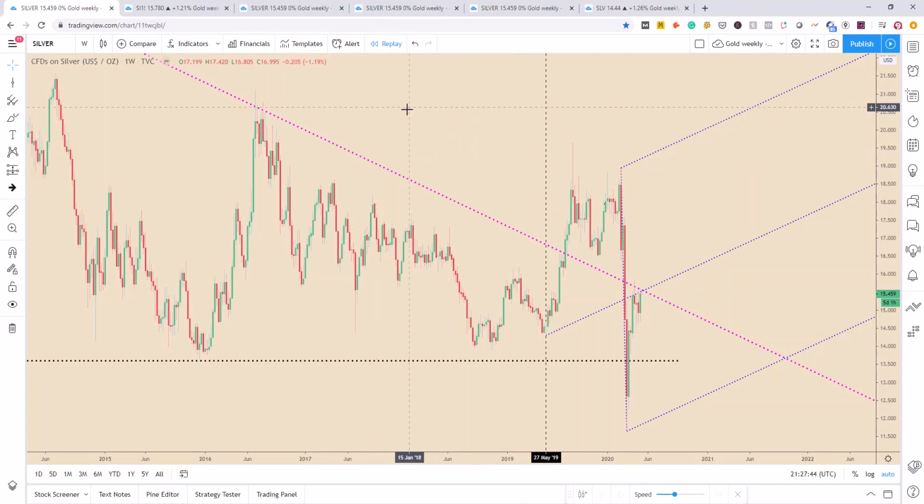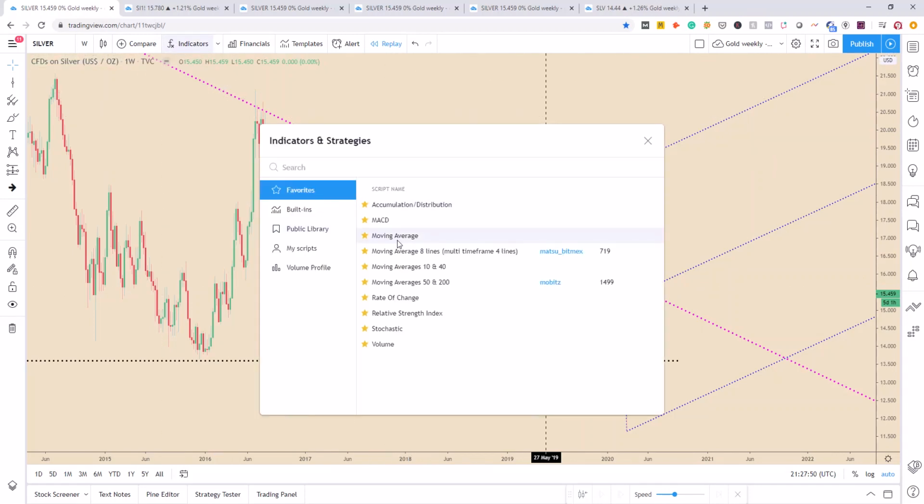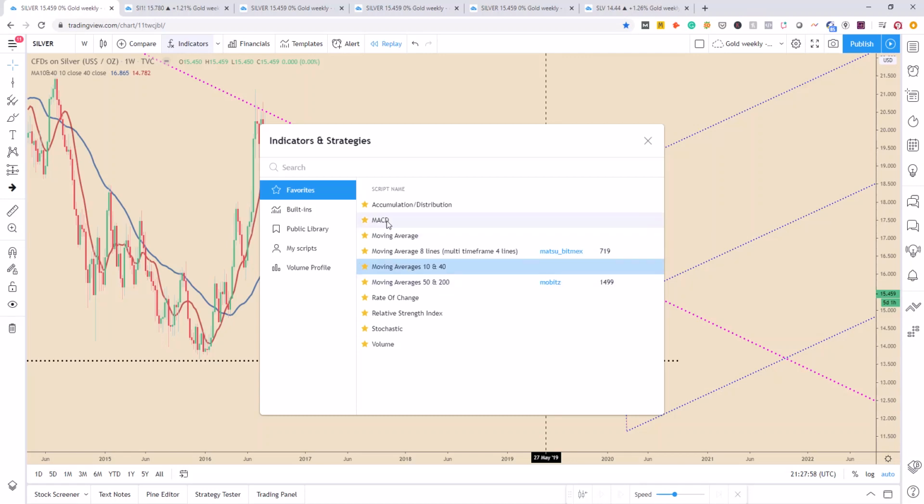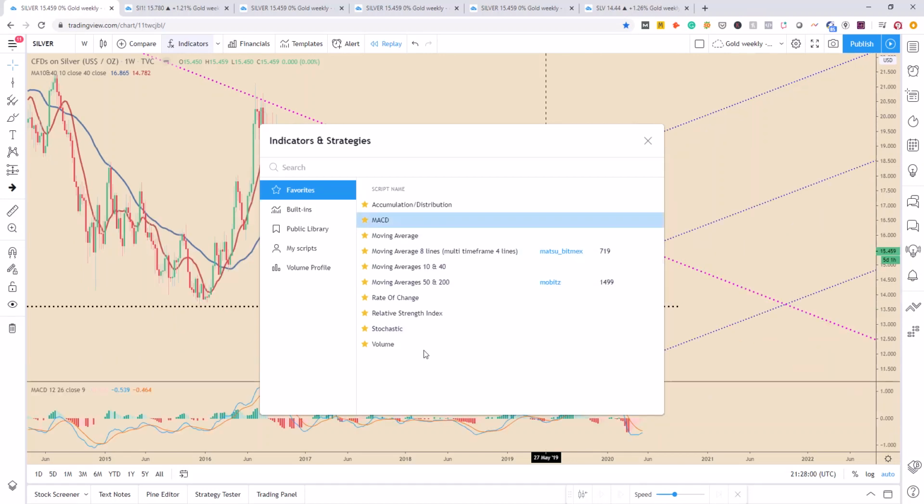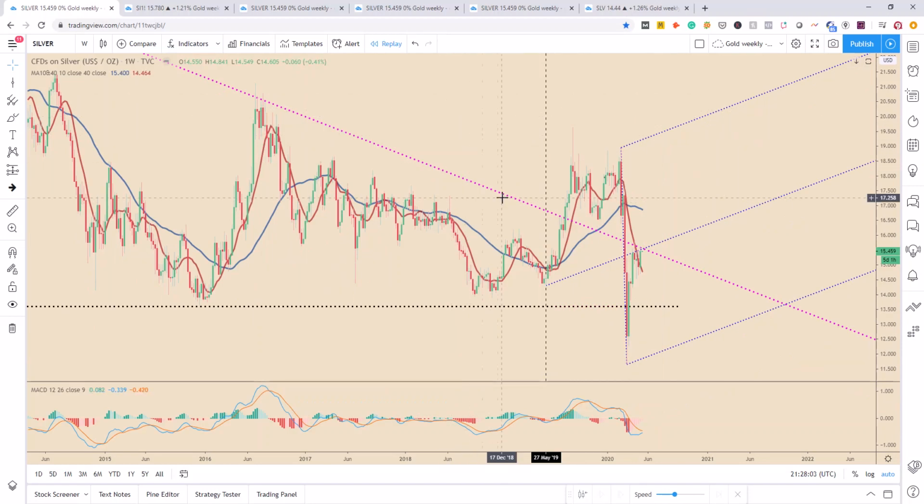Let's see, so volume, I don't think we get volume in spot silver. Let's throw a couple of things on. I like the 10 period and 40 period moving average on a weekly chart. MACD is a standard, and yeah, let's do that.